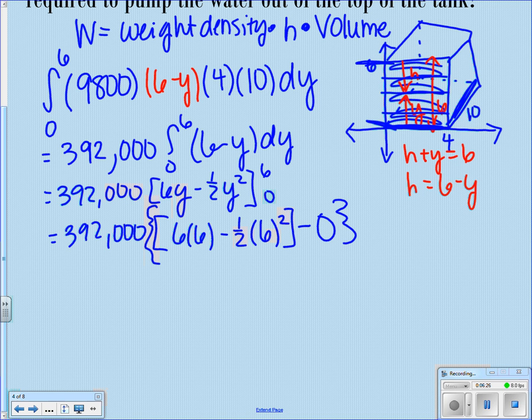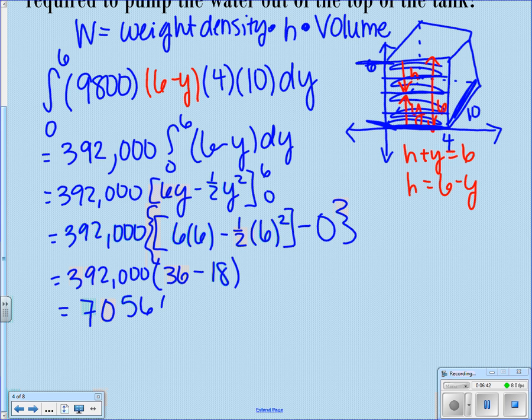And so we take 392,000 times 36 minus 18. So that's really just an 18 here. So you should end up with 7,056,000.